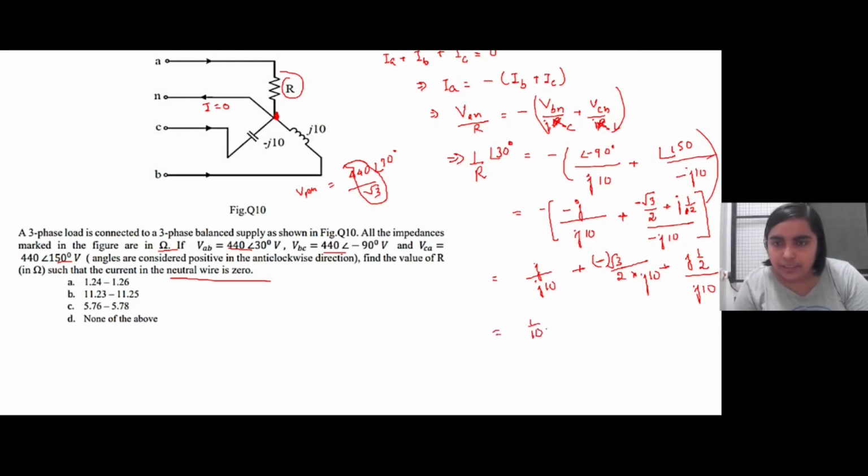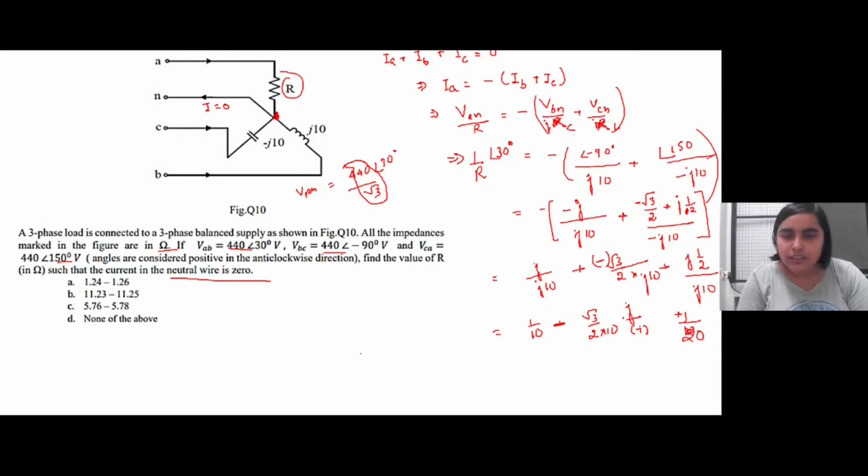So 1 by 10 minus of root 3 by 2 into 10. Now if we multiply numerator and denominator both by j, it will be j, and here it will come minus 1, and it is 1 by 20.